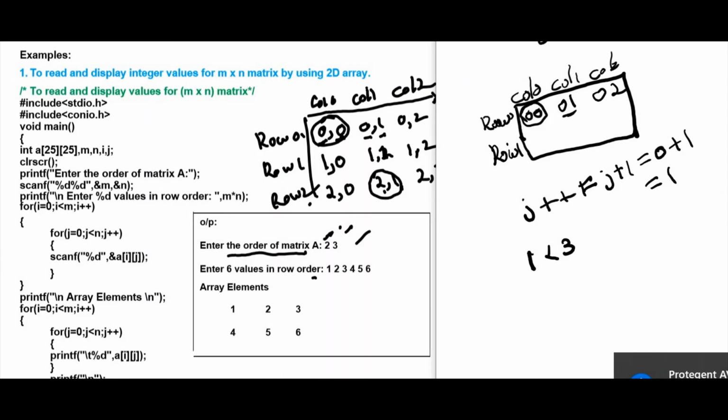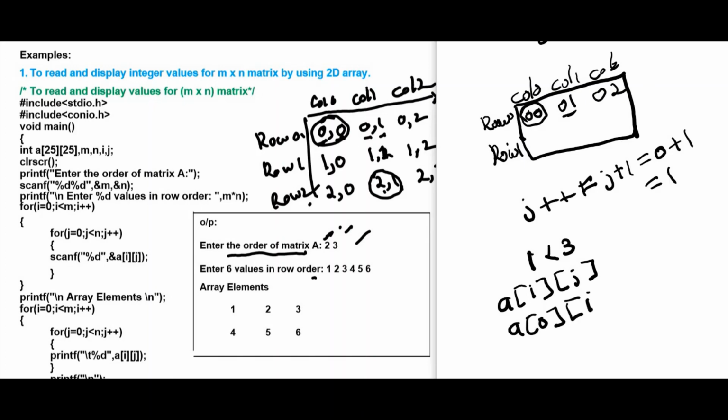Now here, what we are doing is for the second iteration, a of i j is there. i is still 0, so a of 0 and j is 1 will be initialized with the next value, that is 2. Right.